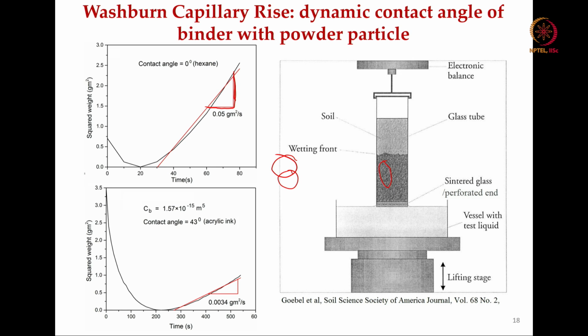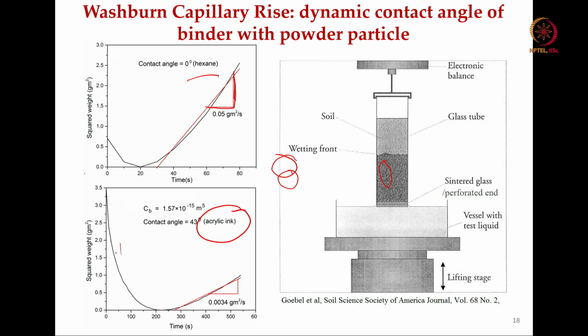If you change the medium from hexane to acrylic ink, as is the case in the present Ti6Al4V binder jet 3D printing, we obtain a contact angle of 43 degrees.